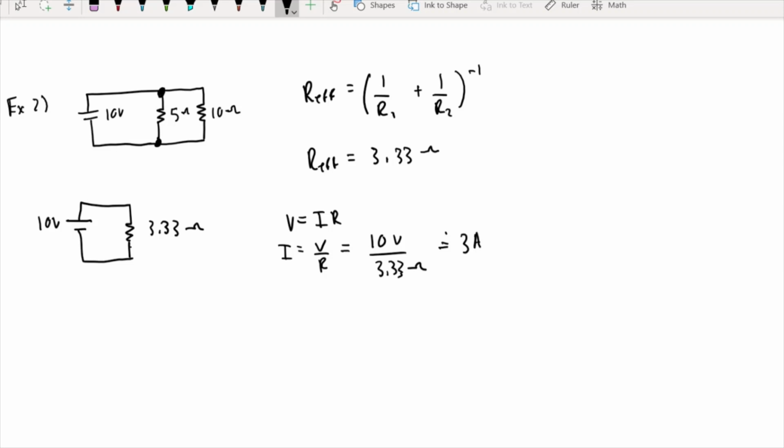Now let me ask you something. Which current is 3 amps? Because you could look at the circuit and say, well, there's current going through here, and coming through here, and coming through here, and coming right back here. So which one is it? Well, you solved the current based off of this circuit right here. So the current you solved for is this.